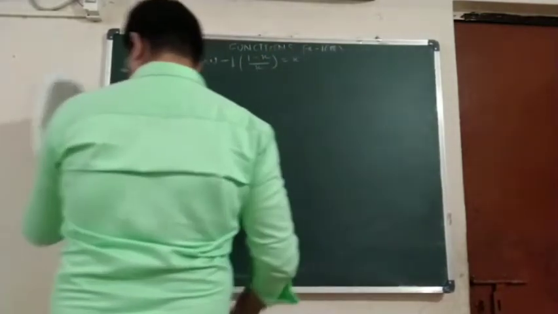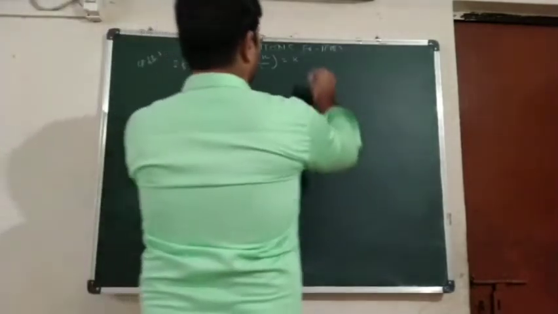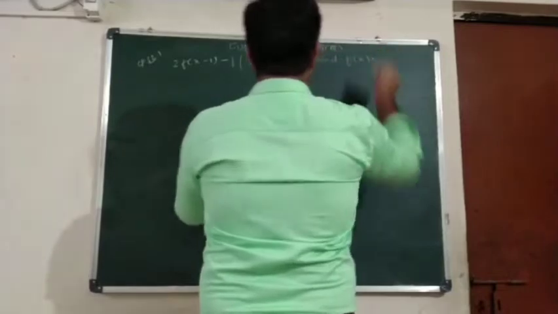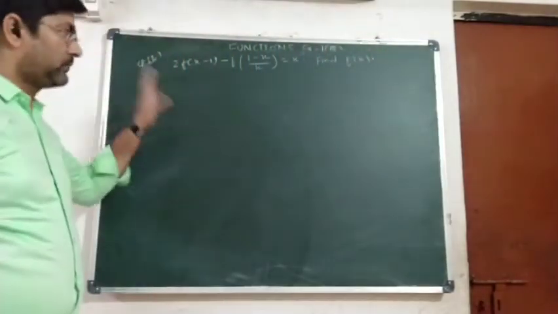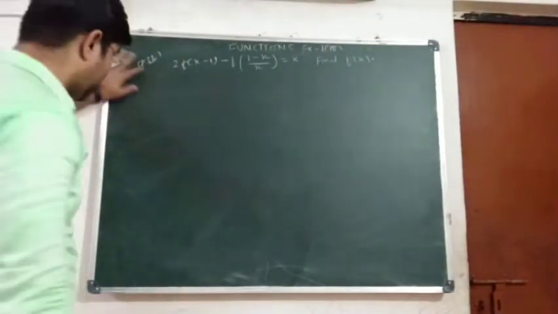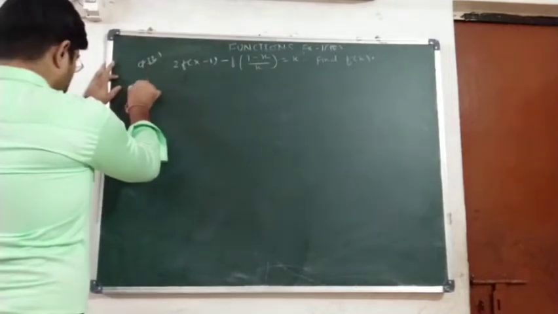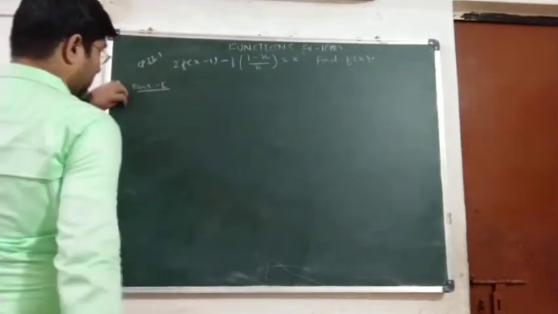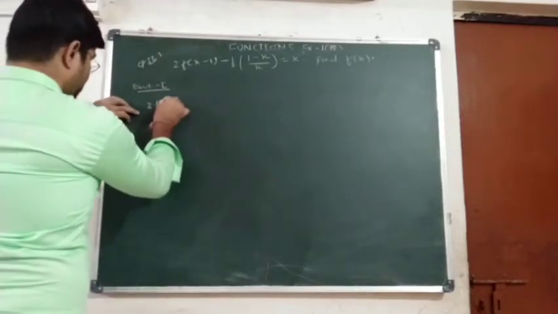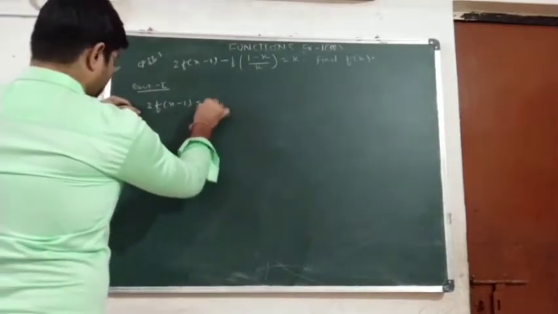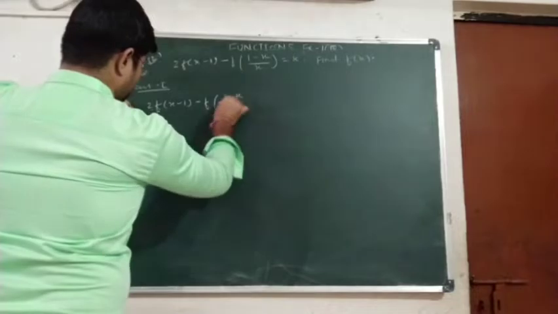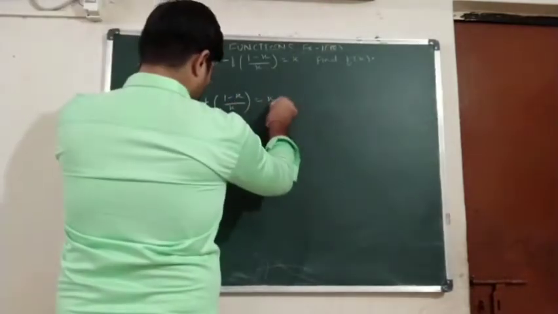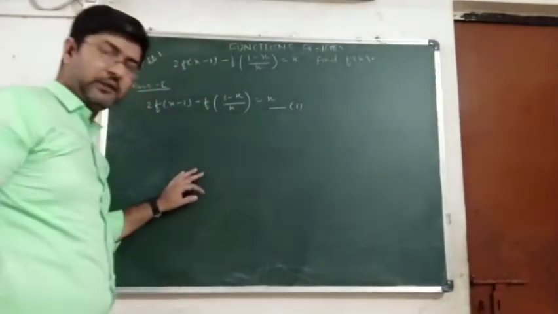We have to find the formula of f of x. Okay. There are two parts in the question. This is the first part. We are given the formula 2 into f of x minus 1 minus f of (1 minus x) upon x is equal to x. Give this equation number 1.